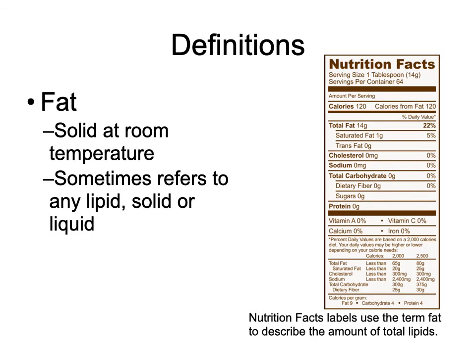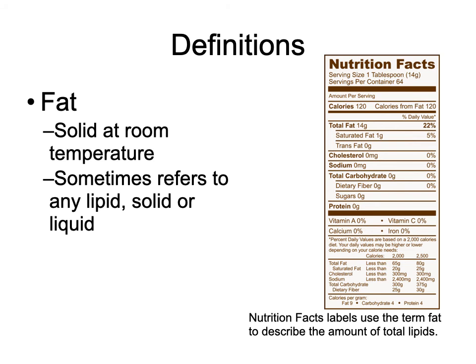As a general rule, when we say the word fat, we're generally talking about things that are solid at room temperature. So that includes lard, shortening, certain tropical oils. These are things that are solid at room temperature. Butter is also the same way. It remains solid at room temperature.